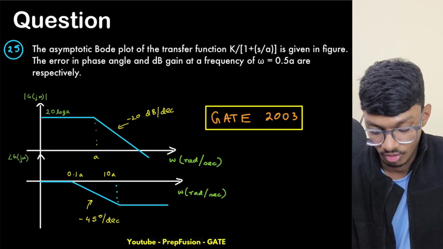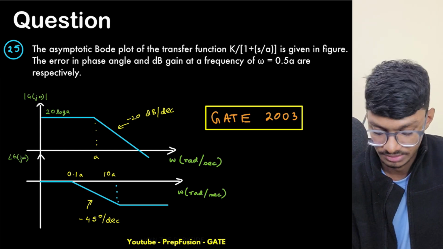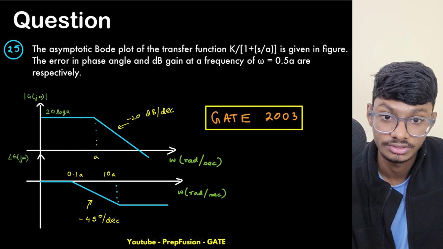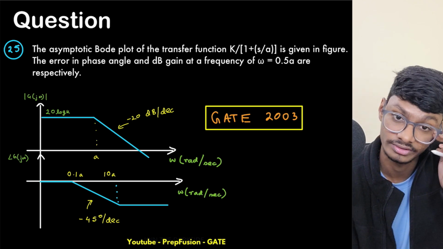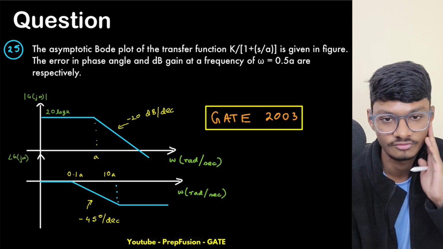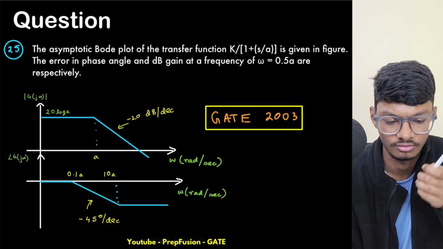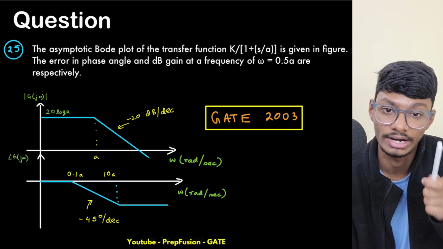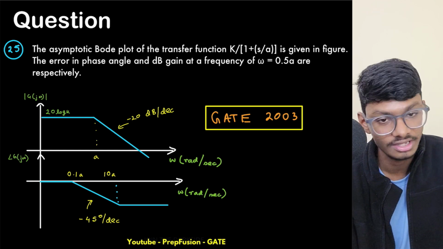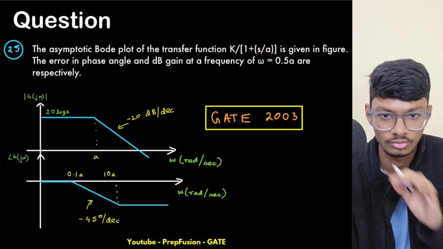So obviously the error for phase won't be 0, and the error for gain won't simply be minus 3 dB, because they haven't told us to find it at the corner frequency. That's why I generally don't recommend mugging up a formula. If you just mug up that the error for the gain plot is minus 3 dB and the error for the phase plot is 0, that is at the corner frequency. But have they asked at the corner frequency? No, they have asked for some frequency which is not equal to the corner frequency.